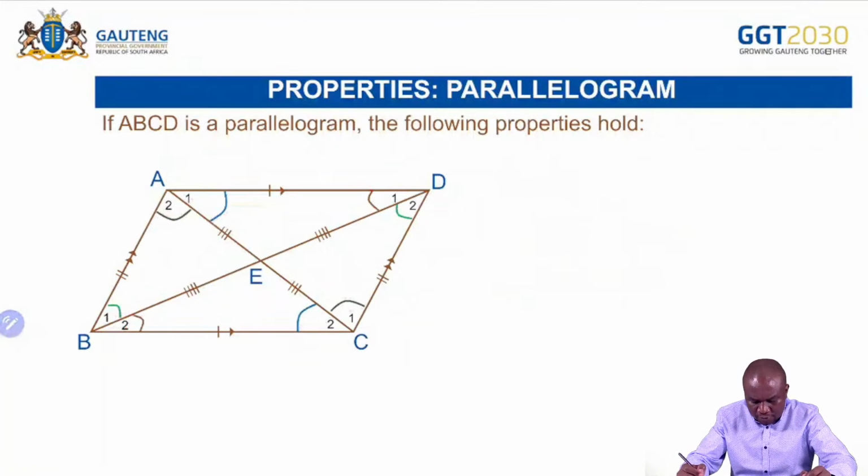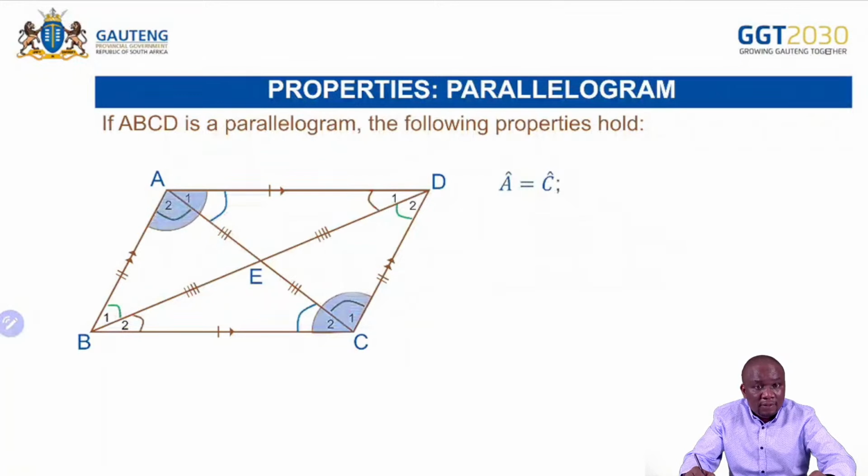Right. And then what can you say about the opposite angles? Angle A, the whole angle A and the whole angle C. Angle A is equal to angle C. Write that. You can even highlight your angles on the diagram. And then what about angle B and angle D? Angle B is equal to angle D. And then what do we say?